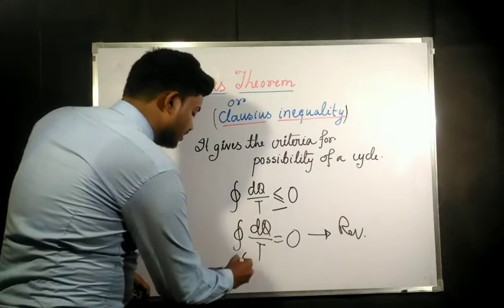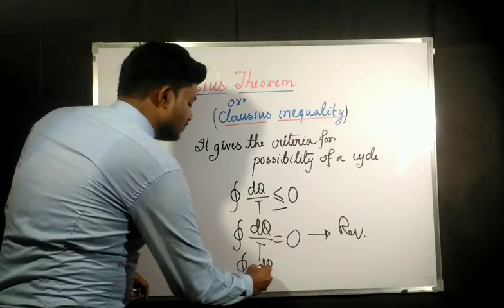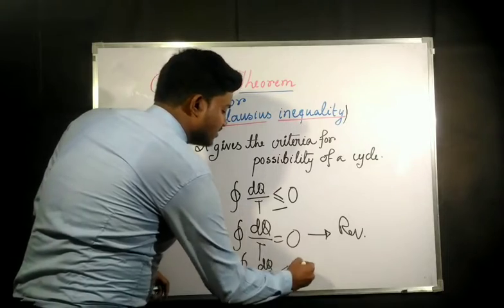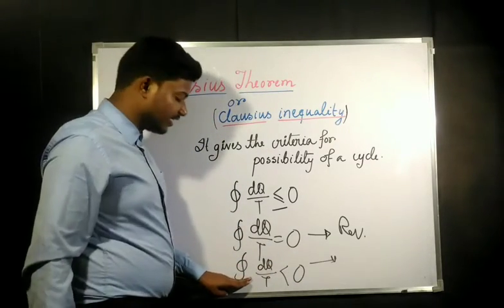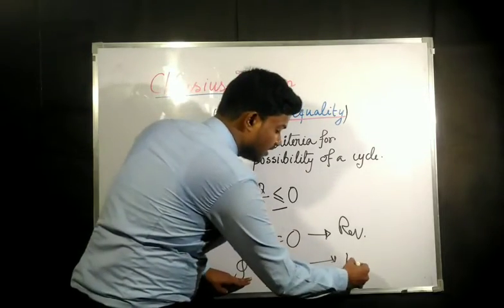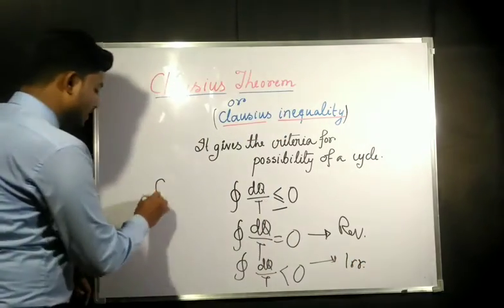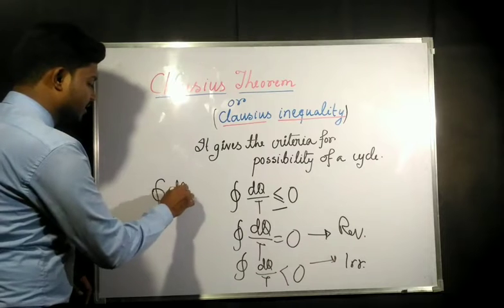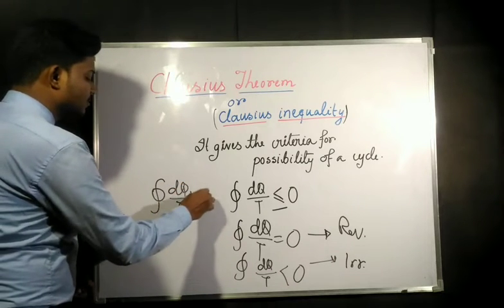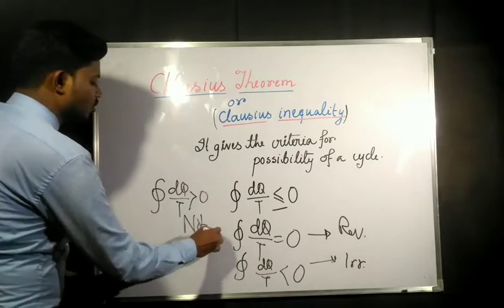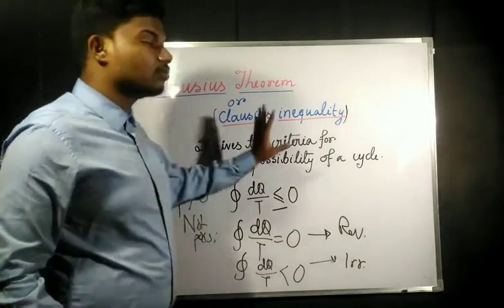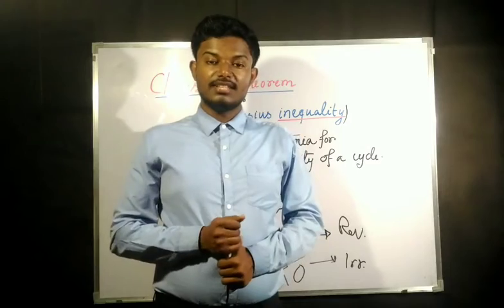If the cyclic integration of dq by t is less than 0, then you must know that the cycle it has been proposed for is going to be irreversible. And if you see that dq by t is greater than 0, this is not possible. So this is what you need to know about the Clausius inequality statement.